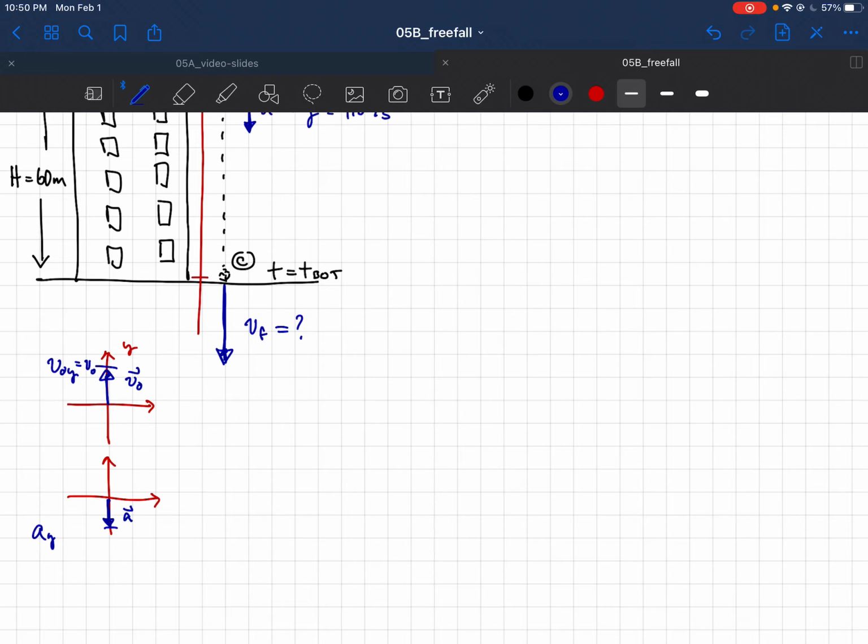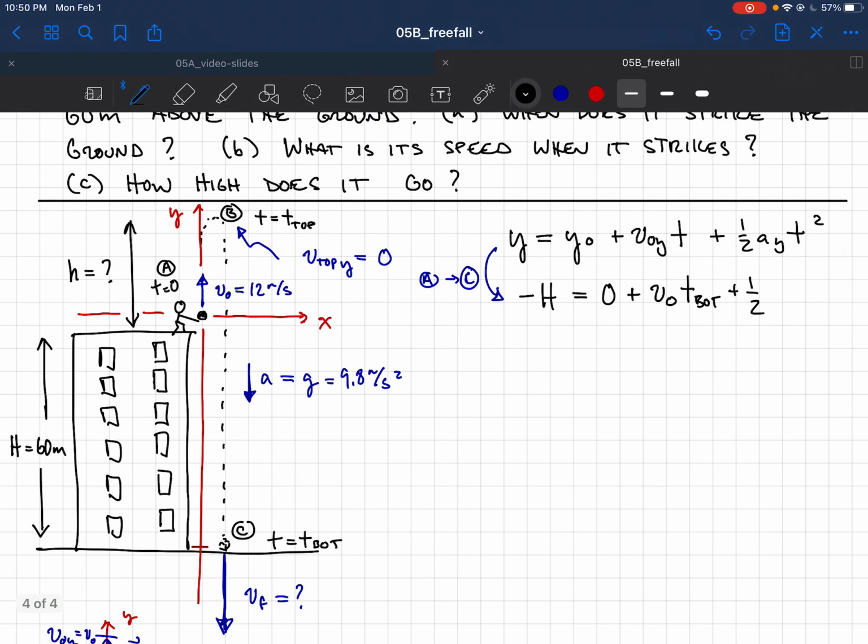So this tick mark is a sub y, and its value is going to be negative, and it will be exactly minus the magnitude of the vector, so minus g. So I can replace ay up here with minus g, and t is again t bottom squared.